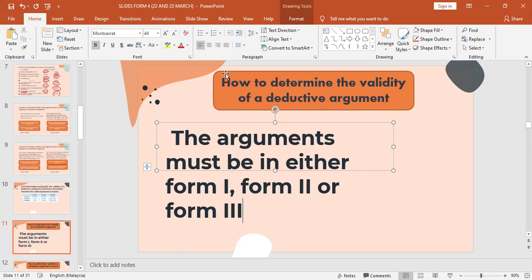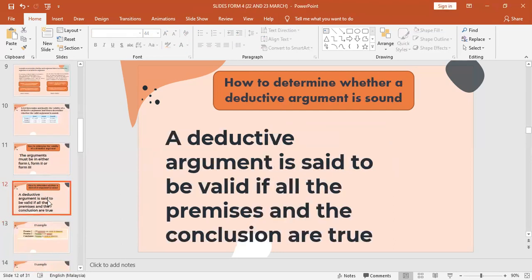Okay, faham? Do you understand this part? Yes, okay. Kita kena tentukan sama ada betul ke argument tu berada dalam bentuk 1, bentuk 2 atau bentuk 3. If the argument is not in this form, it's not in form 1, it's not in form 2, it's not in form 3, then the argument is invalid. Okay?